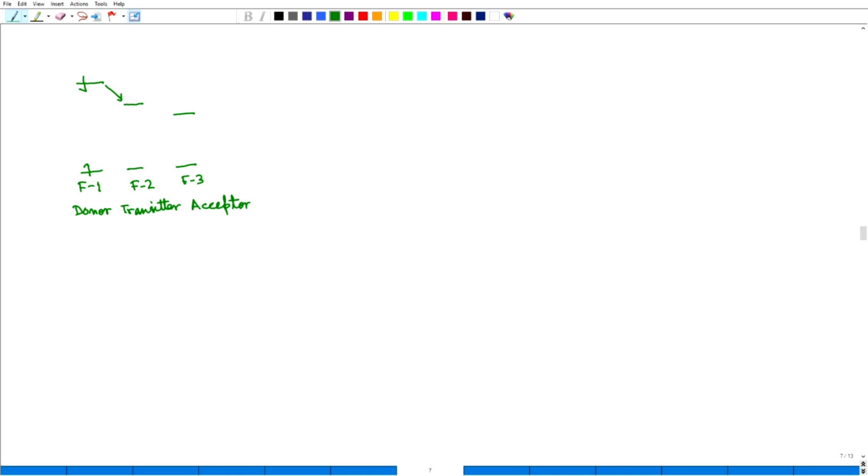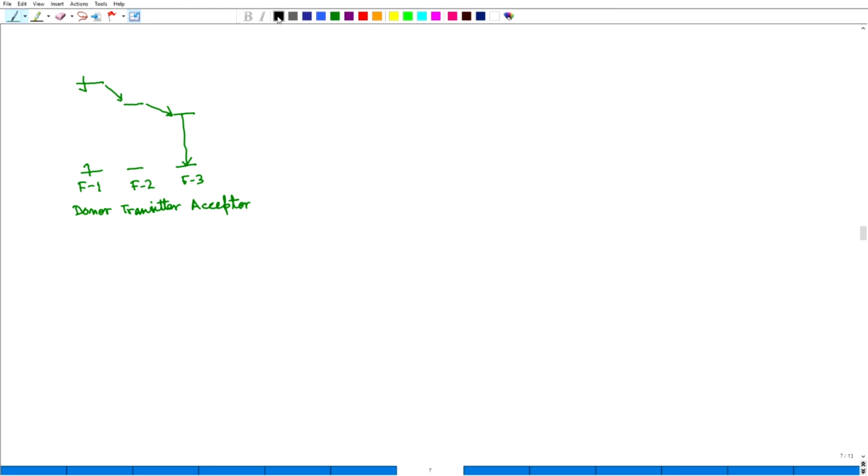It will come here, but now there is also matching between 2 and 3. Therefore, from the transmitter it will come here, and this will give you emission. So, I excited this, but I found emission from here. So, this is very interesting.